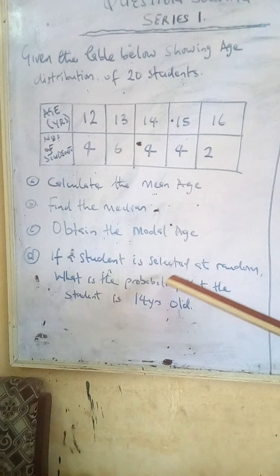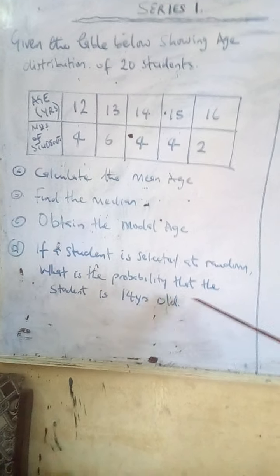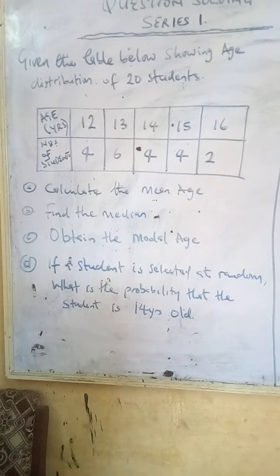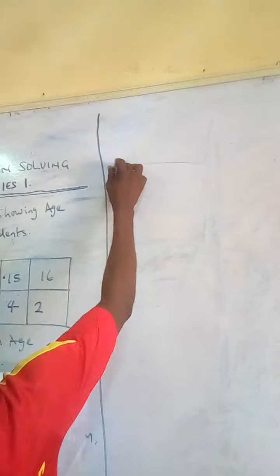If a student is selected at random, what is the probability that the student is 14 years old? Without wasting much time, let us go on together to the solution board.